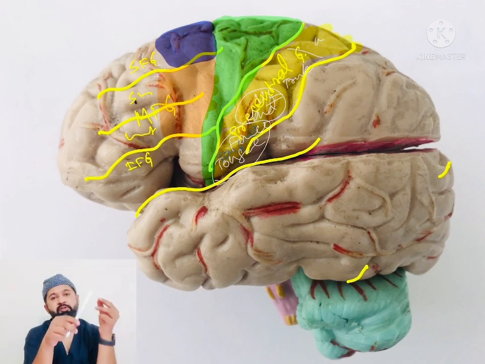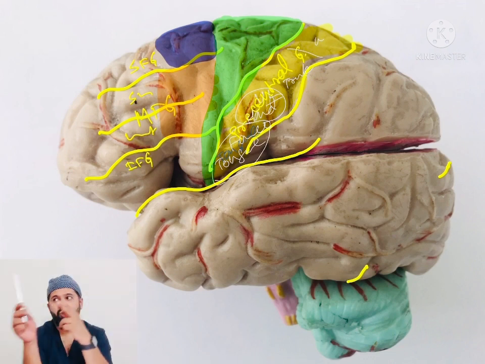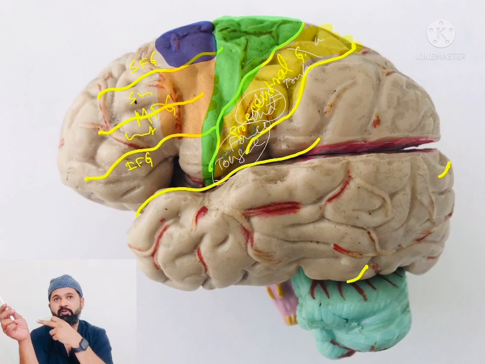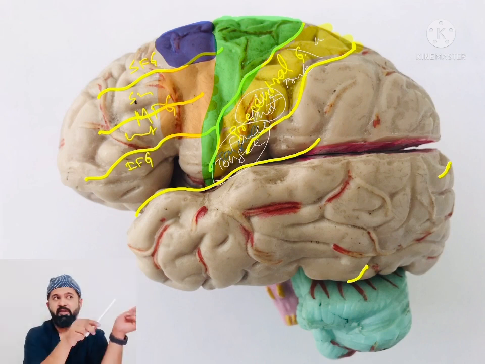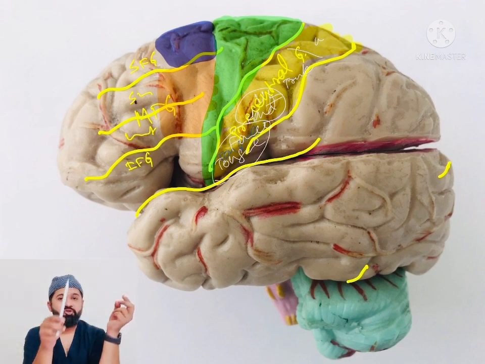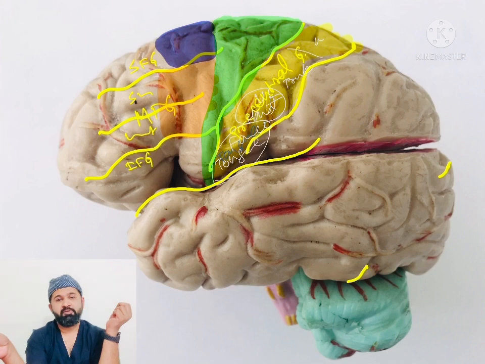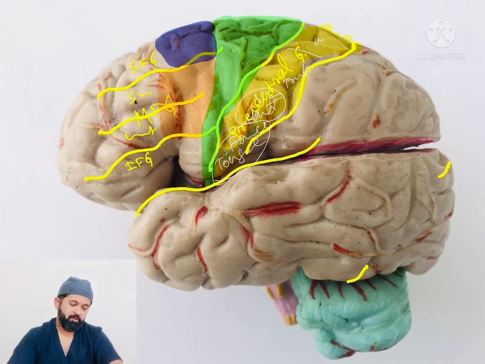So with a lesion in the frontal eye field area, one will not be able to move the eyes to the opposite side, and there will be a fixed gaze on the same side as the frontal eye field lesion. But the patient will still be able to follow any object on the opposite side if it is only a frontal eye field lesion and the visual cortex is intact.